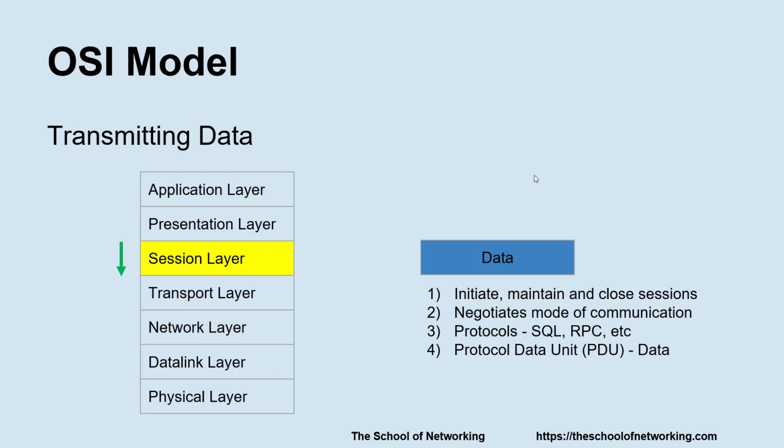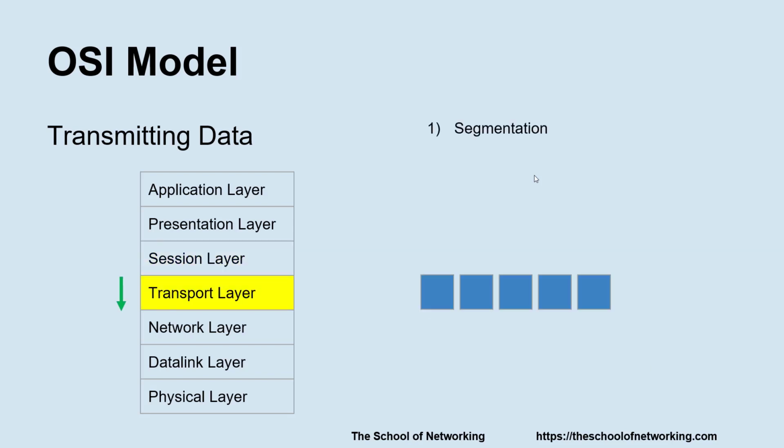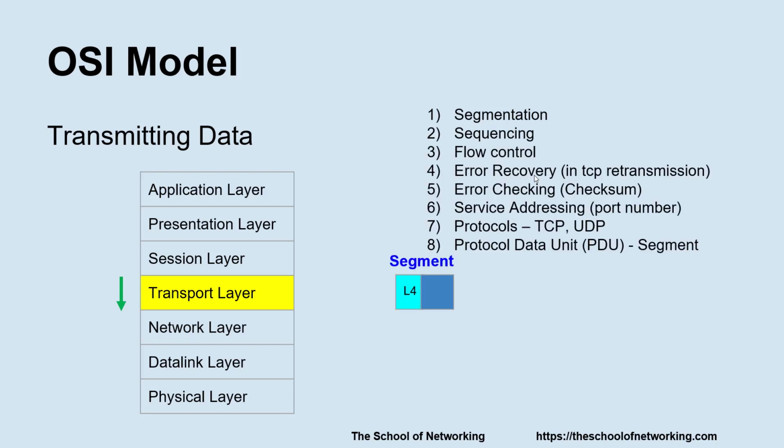We move on to layer 4, which is the transport layer. At the transport layer, if the data size is big, it is broken down into smaller segments, so segmentation happens here. At the transport layer we have two protocols, TCP and UDP.